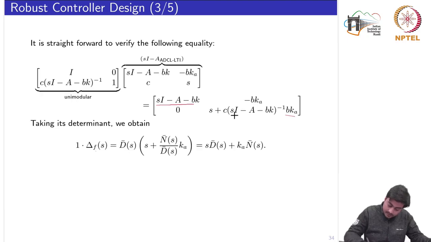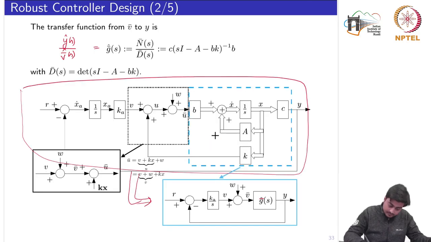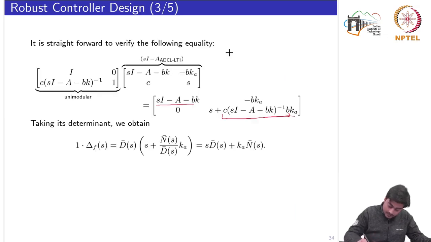Okay, the determinant of this one would be s plus, if you pay attention to this part, this is nothing but this g bar hat transfer function, which is n bar by d bar times ka.